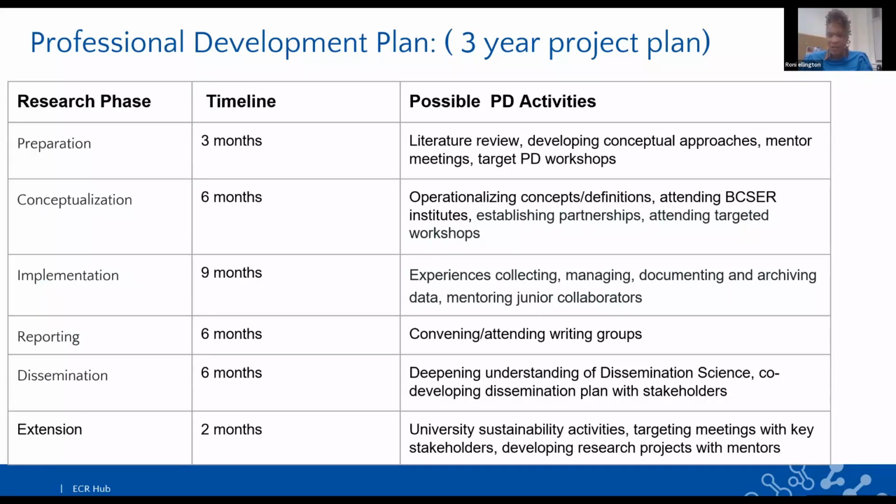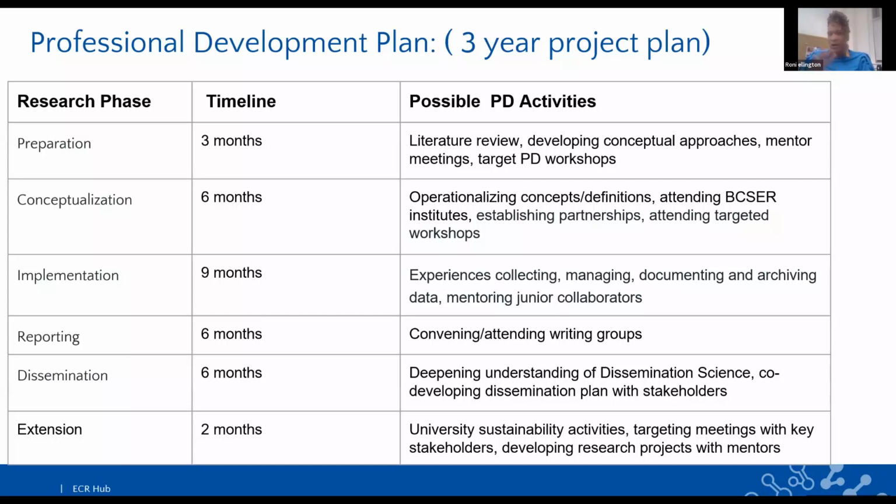Any other questions? So again, you can talk about the outcomes of your research project, that's fine, but you also want to talk about the outcomes as it relates to you building capacity. And then if you need mentoring meetings or writing groups, these are just ideas.